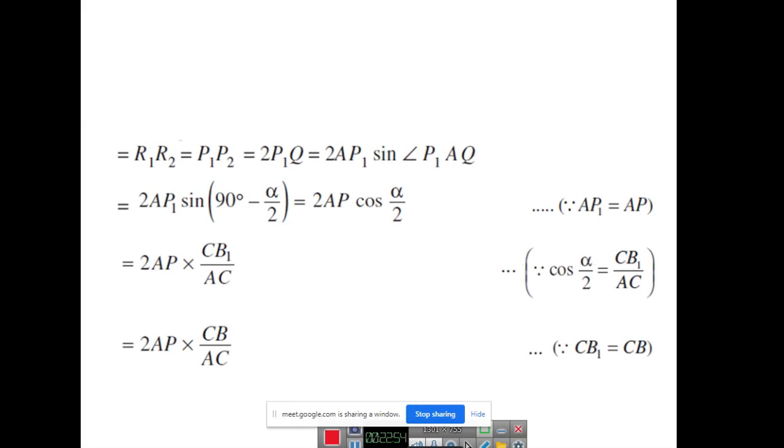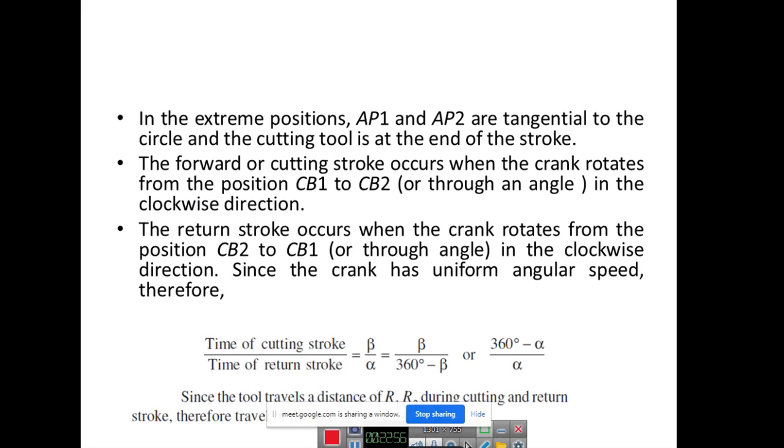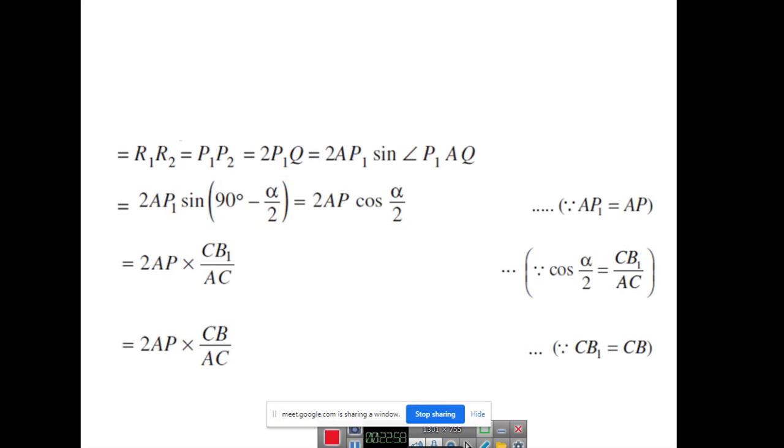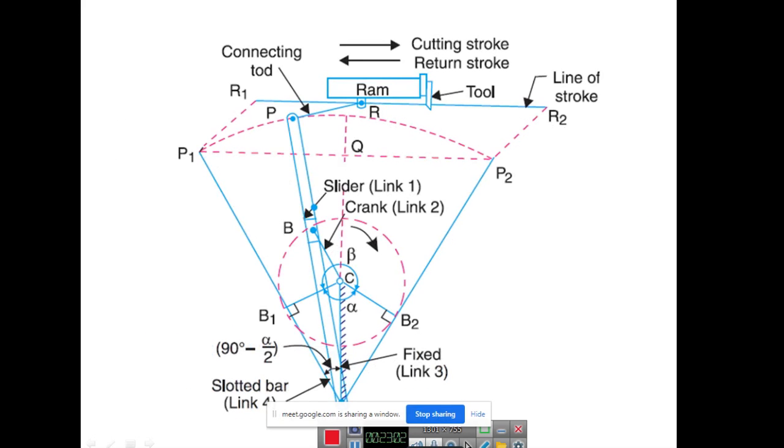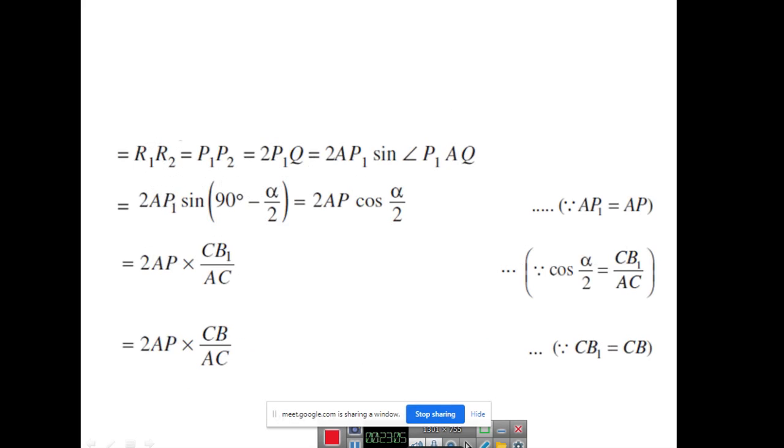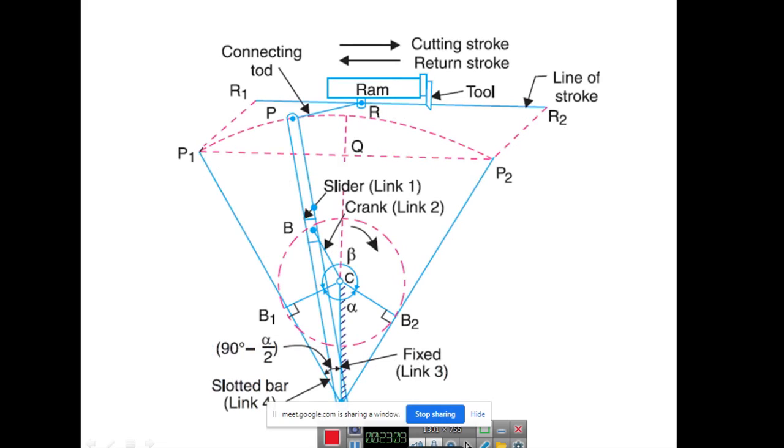Okay, so if you take the equation corresponding to this, the stroke length R1R2 is nothing but P1P2, the same thing. That is equal to 2 P1Q, where this is point P1 to P2 and Q is taken at the center.